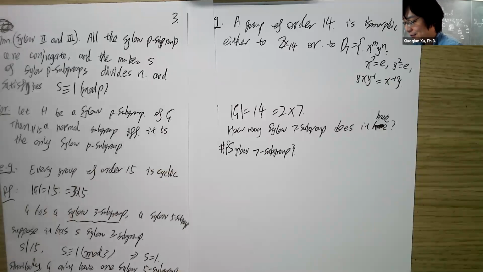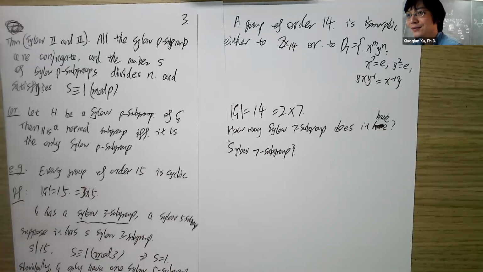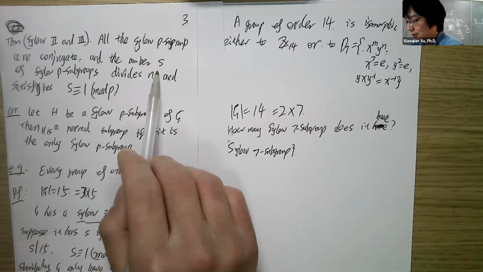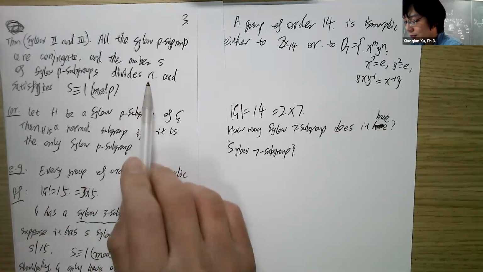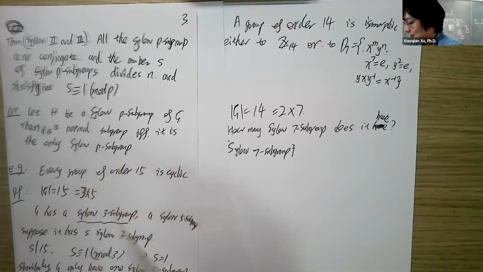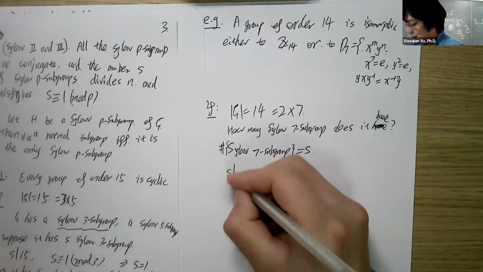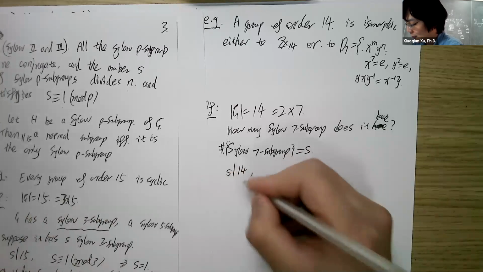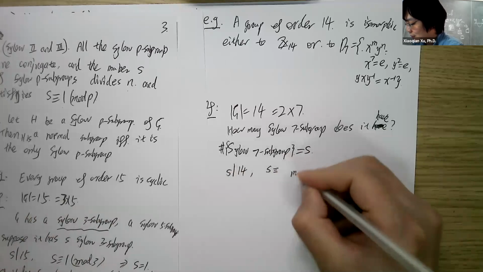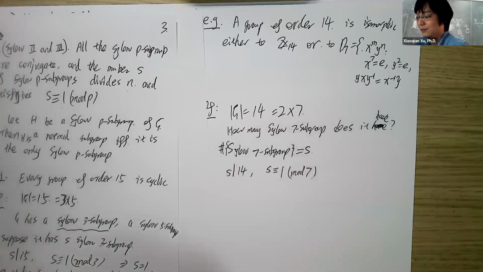For Sylow p-subgroups, this number must divide n, and be congruent to 1 mod p. Let's say this number is s, then s is a factor of 14, and s mod 7 equals 1. This is what the Sylow theorems tell us.